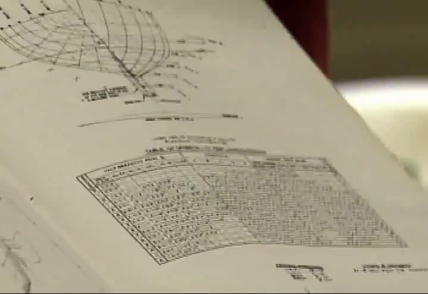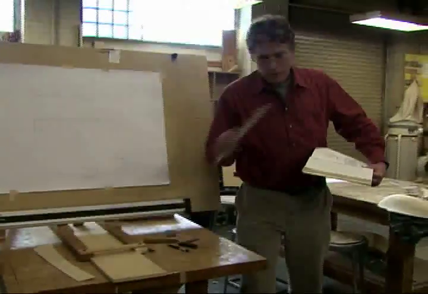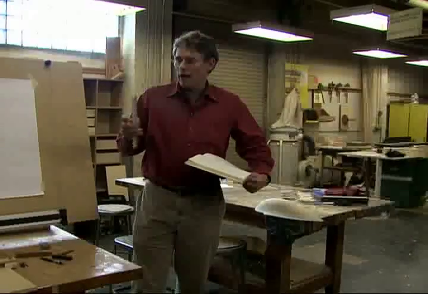Then you've got a set of diagonals, which are these diagonals shown here, and then here are the heights above base, or heights from the datum waterline, or however that wants to be laid out vertically, and for each of the stations.